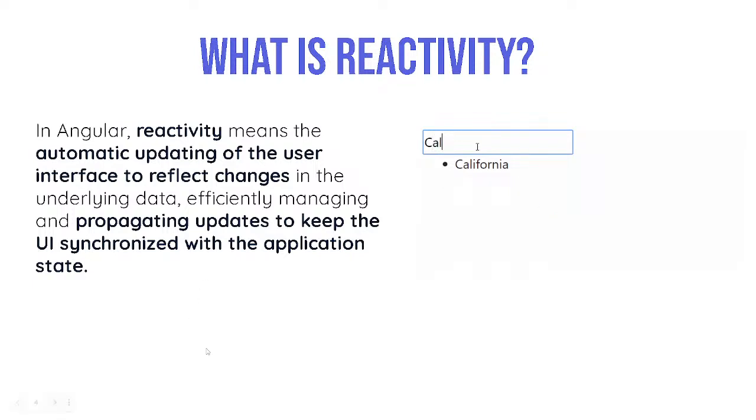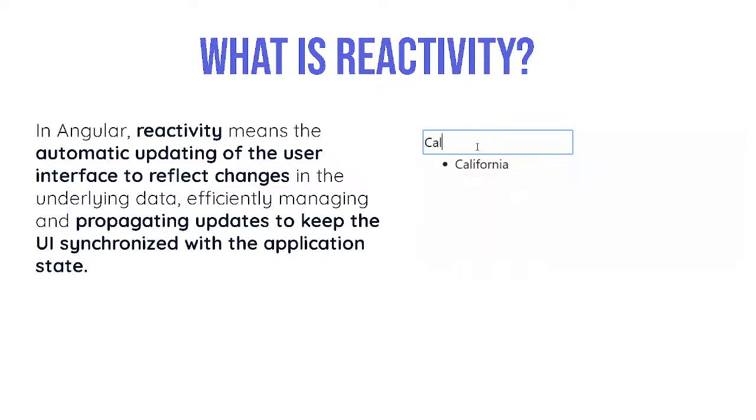If you see this GIF over here, it is the best example of reactivity. The user types something, and at that time the list gets filtered. That means the application state changed, so we need to synchronize these changes in the UI as well.